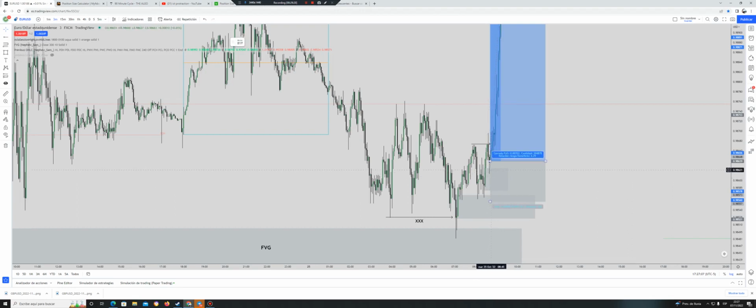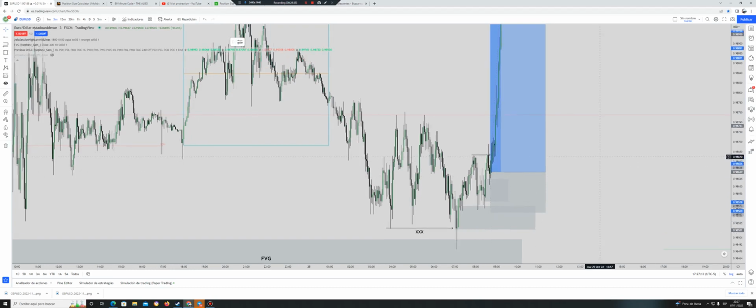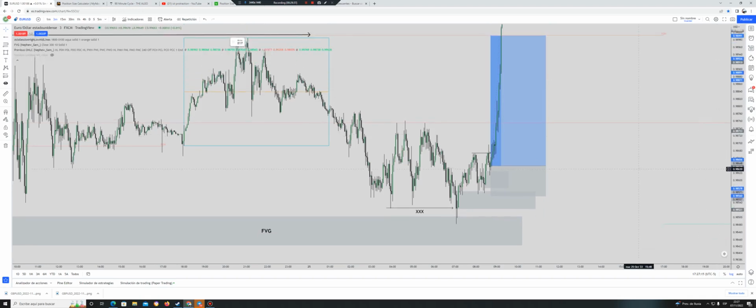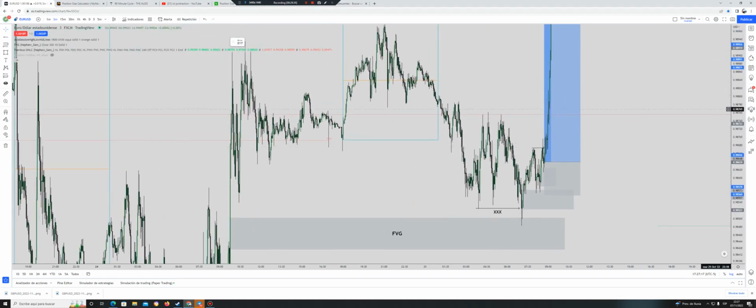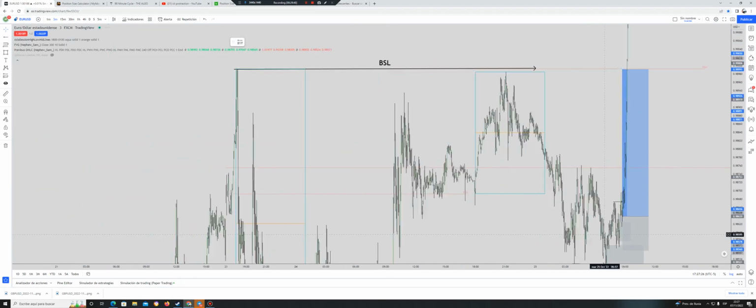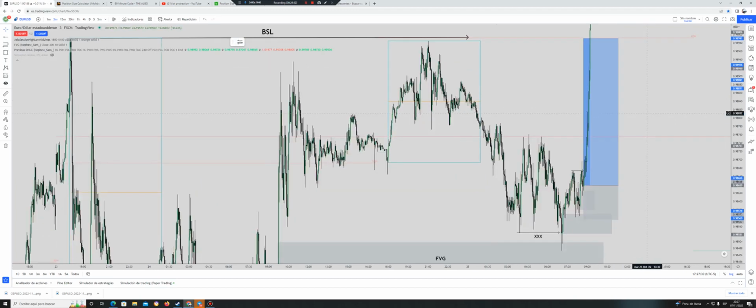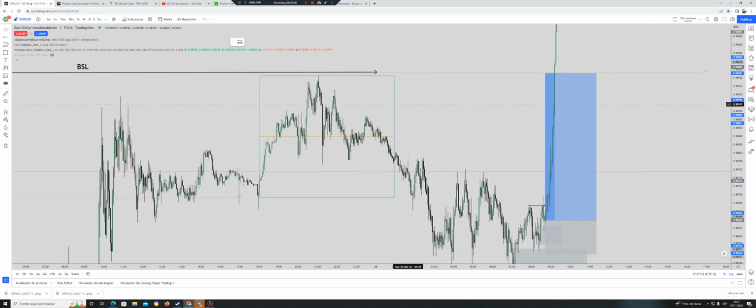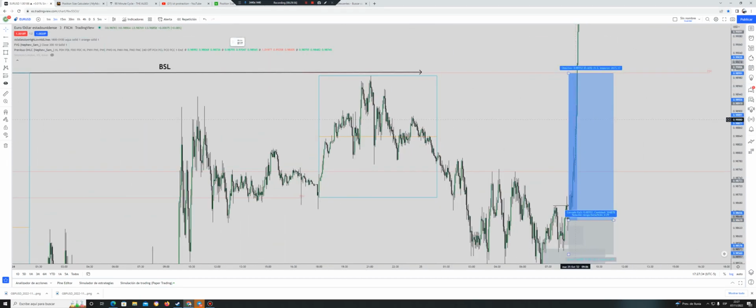This day we had, I can't remember the news we had this day, but we had red big news. And once I saw this low was tapping the fair value gap, and we have this buy side liquidity, equal highs here, that was like they're gonna take price to take those highs, to take all that liquidity.